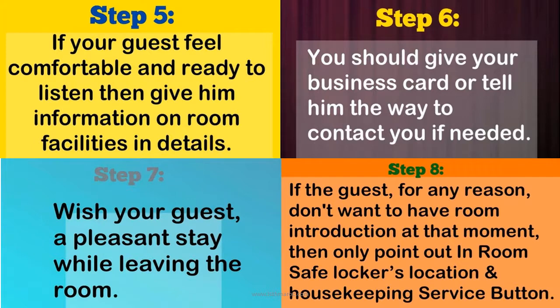Step number five: if your guest feels comfortable and ready to listen, then give him information on room facilities in detail. Okay, the air conditioning, the TV, the bathroom, the toilet, the towels, the window, the electric materials. So then you try to give him details.